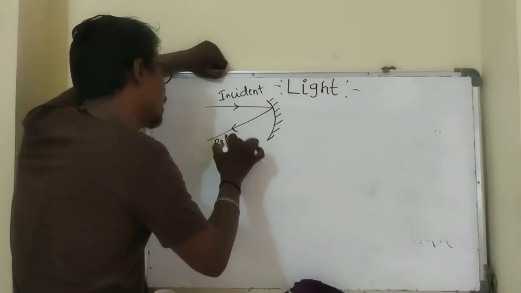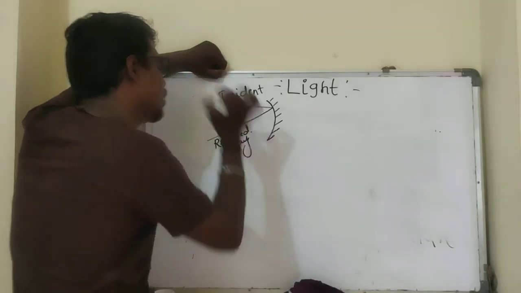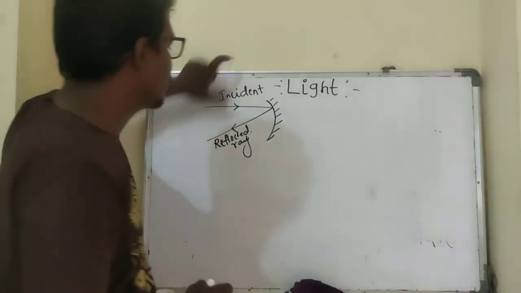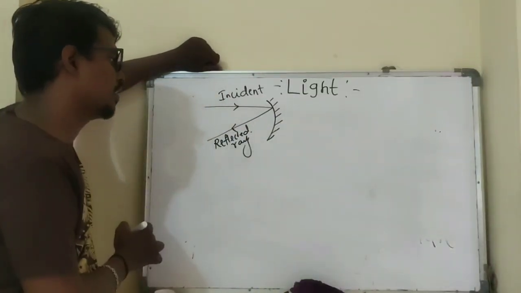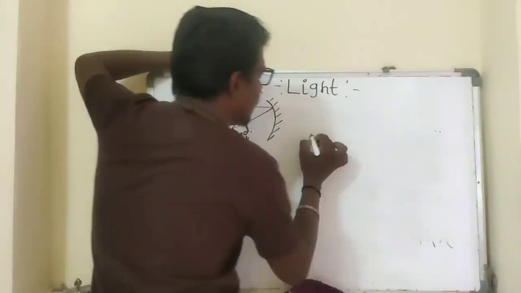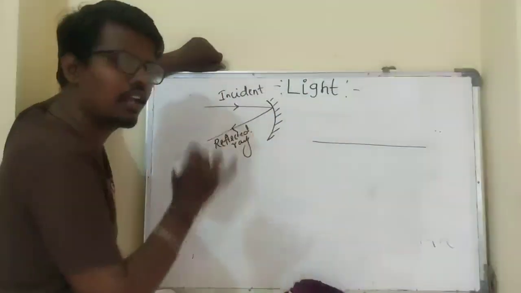These are the two types of ray that come in a mirror. So now I will explain angle of incident and angle of reflection.